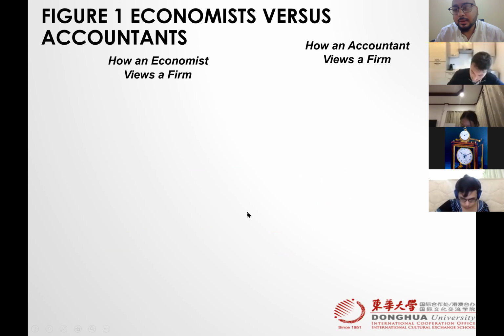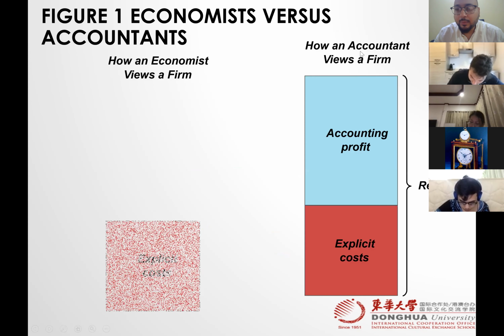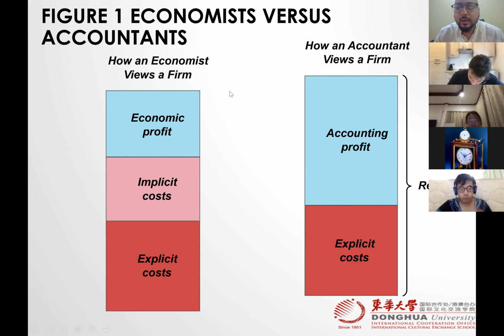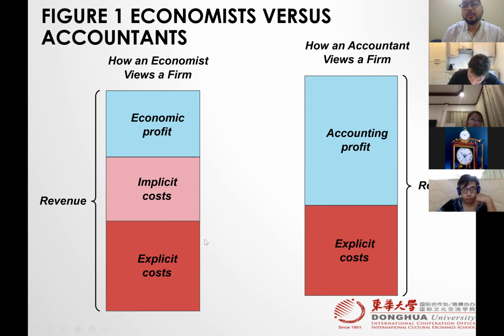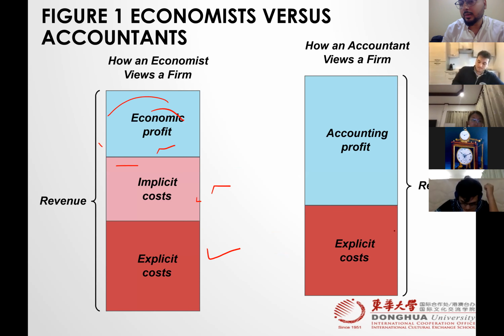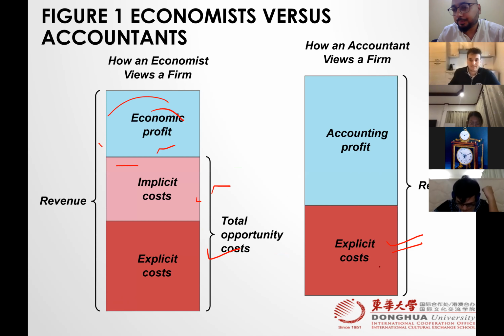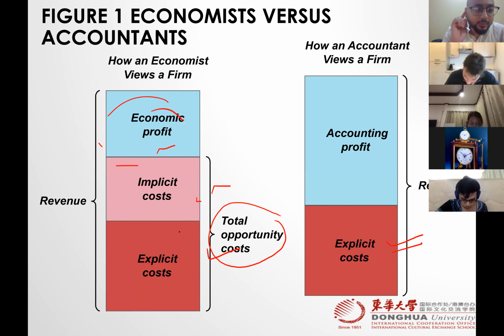So if you see on a flow basis how economists view it, they deduct from revenue explicit cost and implicit cost, and find out the profit here, while the accountant only deducts explicit cost. So you see here. Like I told you, the economists consider implicit cost and explicit cost as total opportunity cost.